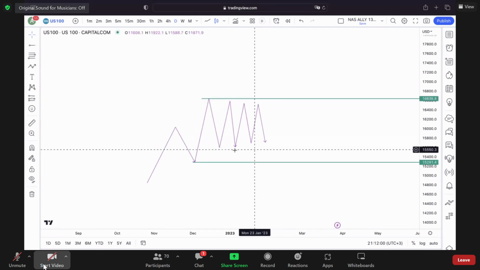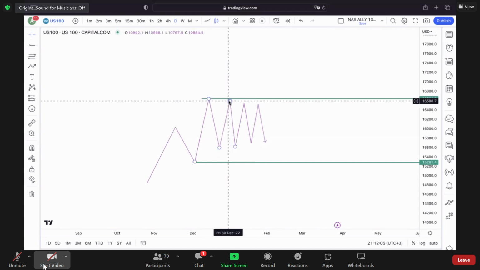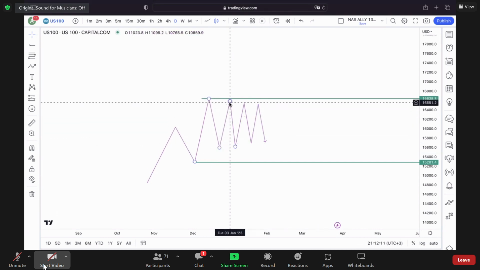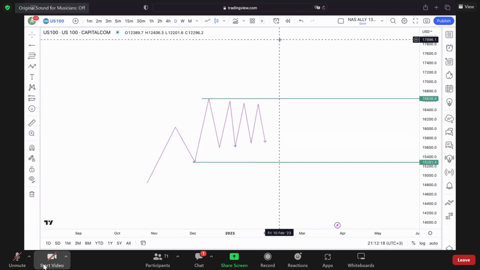So essentially, if you're in buys over here and your high is not being broken, you want to be scalping that range, okay? You want to be in here and you want to be out until the market has enough momentum to break higher. That's number one.